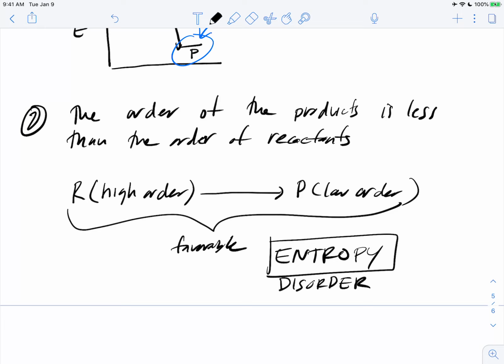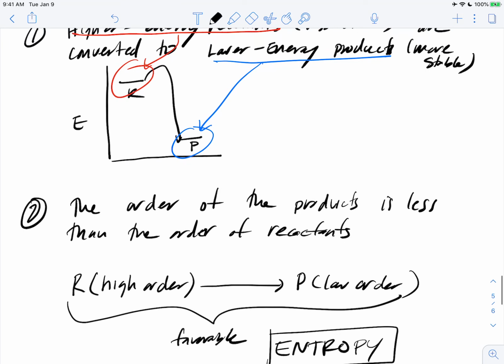So going to low energy products is not the only requirement. It does help. And if you also go from a high order to low order product, and how order is measured in reactions or systems, don't worry about, but just know that that also factors into reactions that are spontaneous. It also means that we can have chemical reactions that do not meet this.